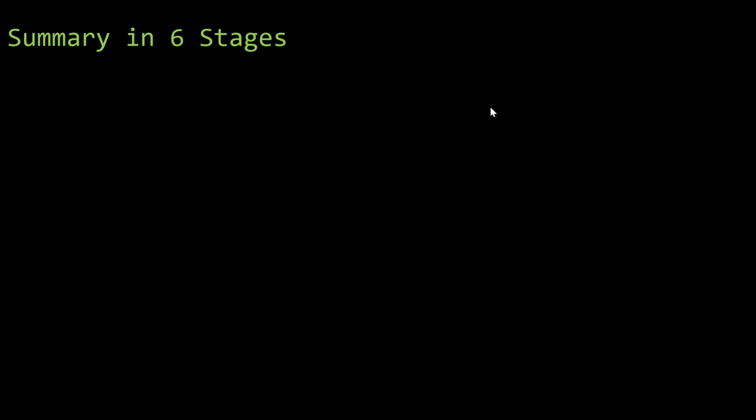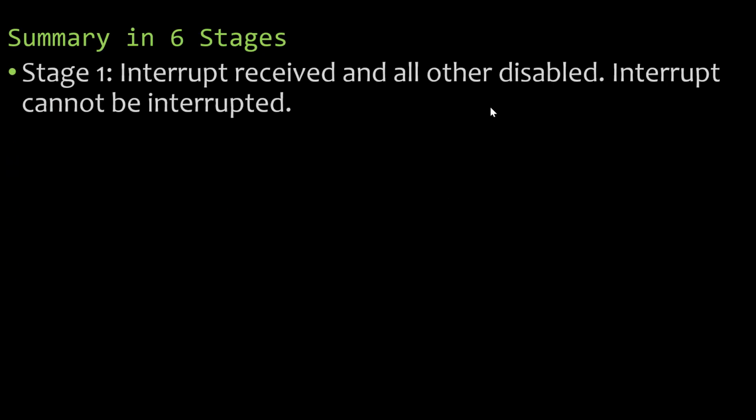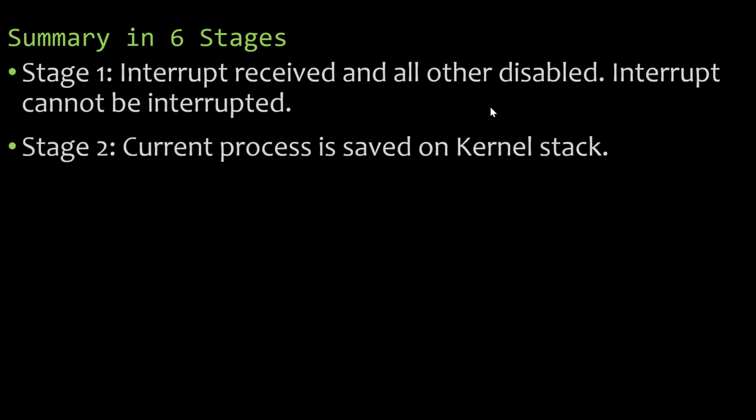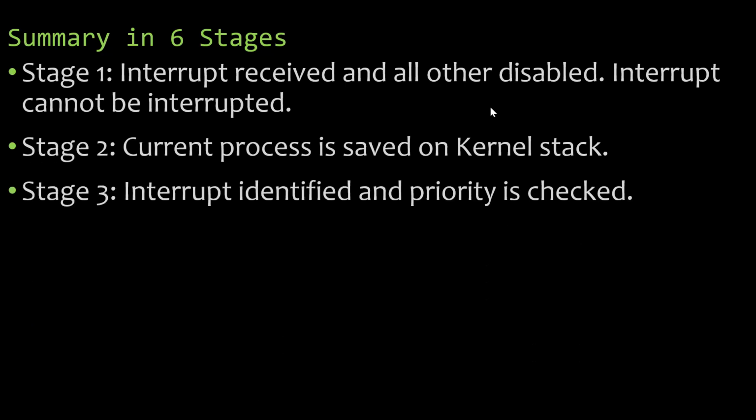So we can wrap up these kernel interrupts in 6 stages. Stage 1, the interrupt is received. All other interrupts immediately become disabled because the interrupt cannot be interrupted. Stage 2, the current process is saved on the kernel stack. We want to be able to resume that program once the interrupt is handled. The interrupt is identified and the priority is checked.